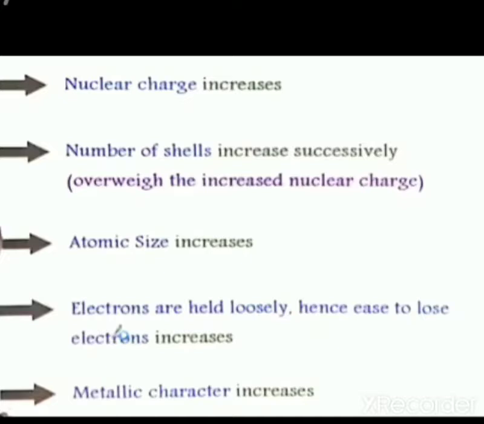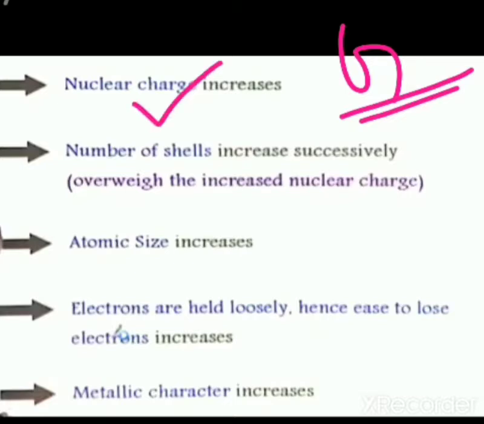In the case of a group, your nuclear charge increases. If the nuclear charge increases, the number of shells increases successively. You can see down the group your atomic size increases, and the number of shells also increases in each step.